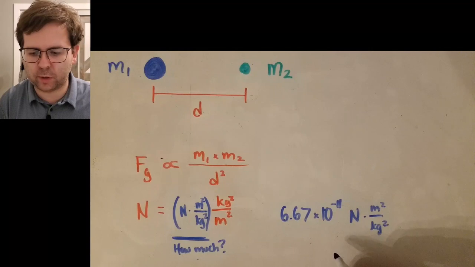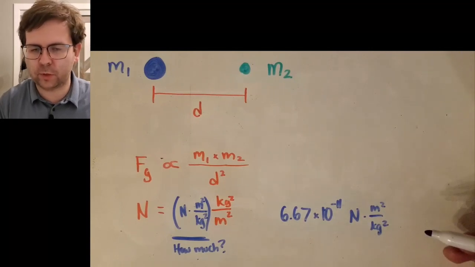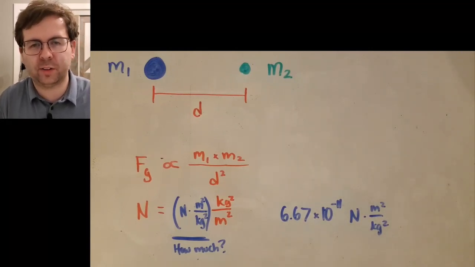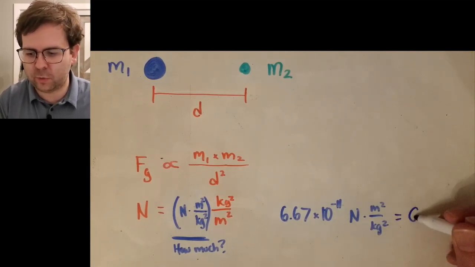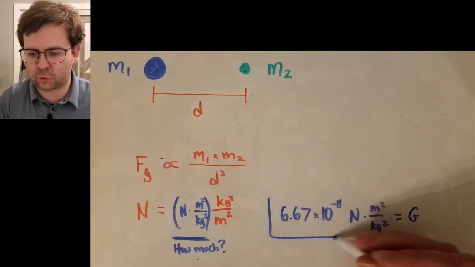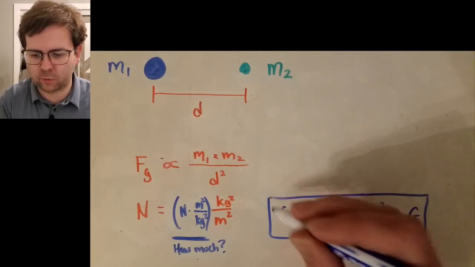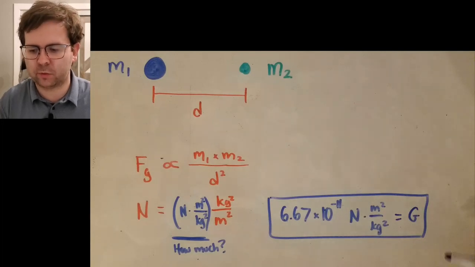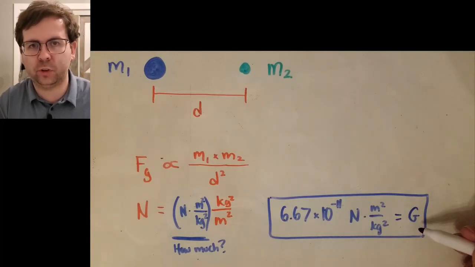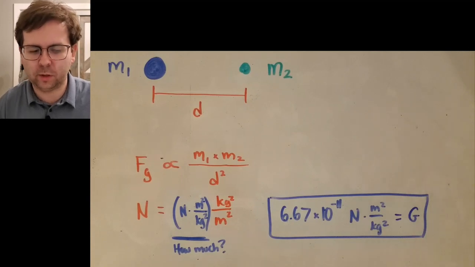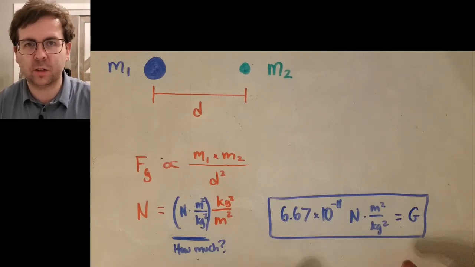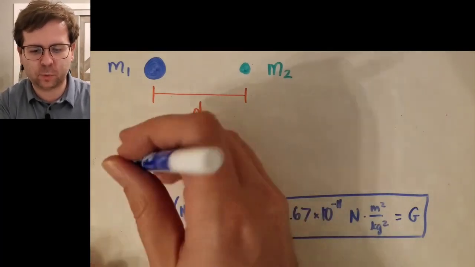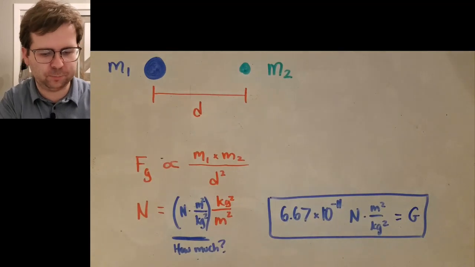This quantity right here is known as the universal gravitation constant, because this is what gravity is equal to, this strength anywhere in the universe. This is the universal gravitational constant, and we use capital G to represent this quantity. So this is the key to making this equation up here into an actual equation.